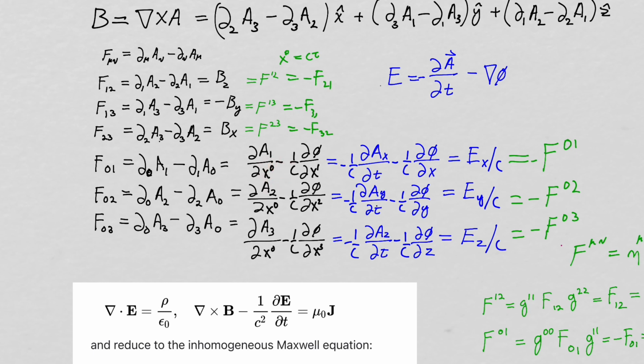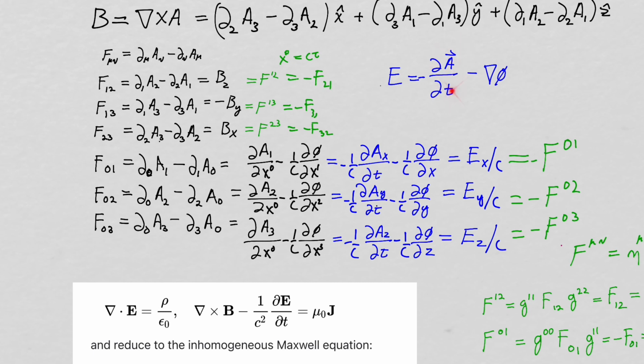These x0s, when you have them with respect to time, end up pulling out this 1 over c, right? And the reason we did that, by the way, is so we could use our definition of the electric field, which is dA/dt, not dA/dx0.